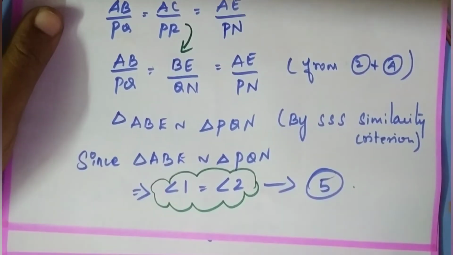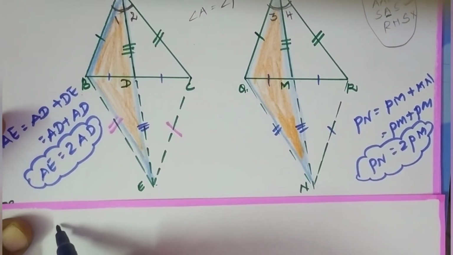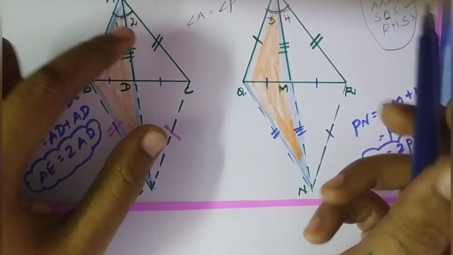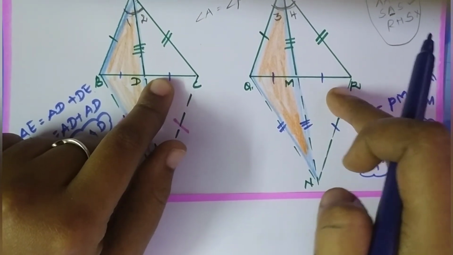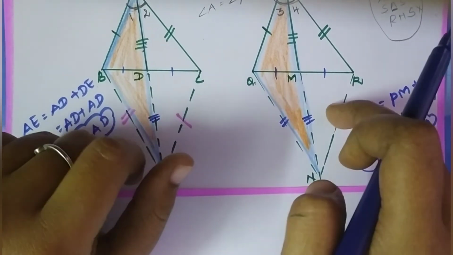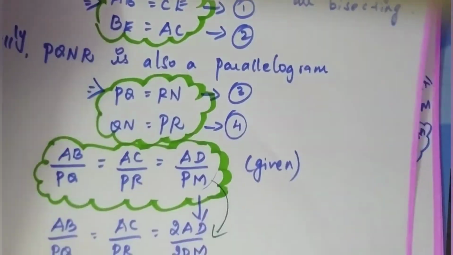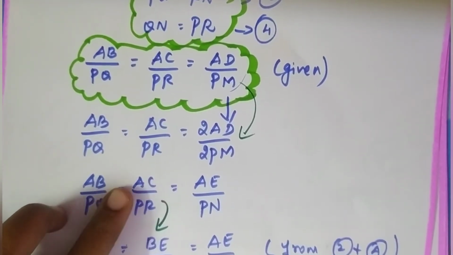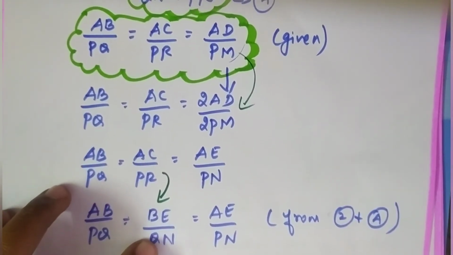Okay. Then, similarly, we can tell that these two triangles are also similar. These two triangles are also similar by the SSS rule. How can we tell that these two triangles are similar? In this place I changed this one, no? This side AC divided by PR, I changed into BE divided by QN.